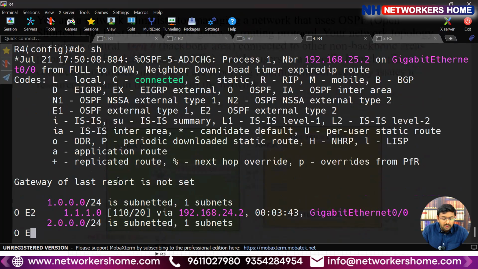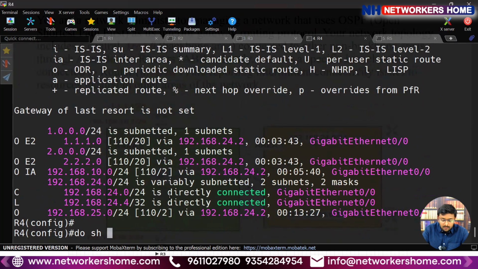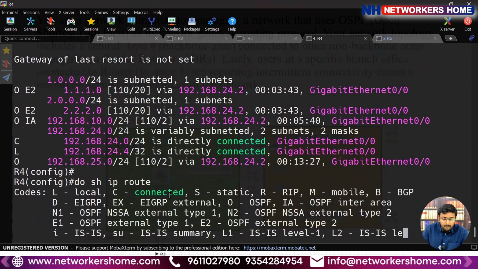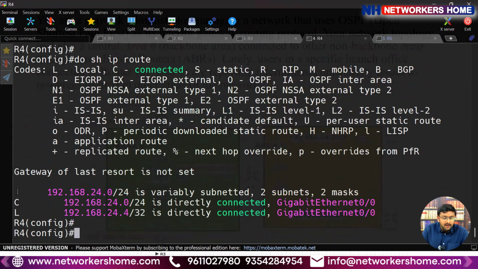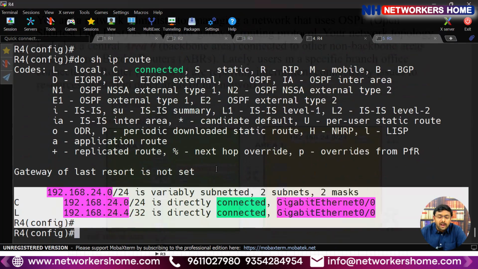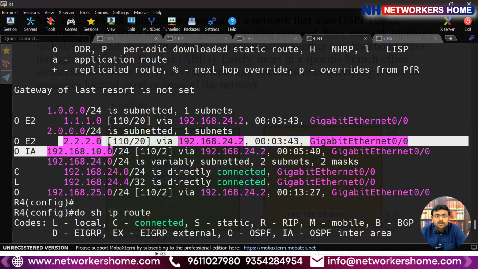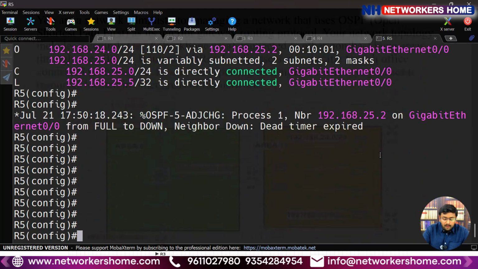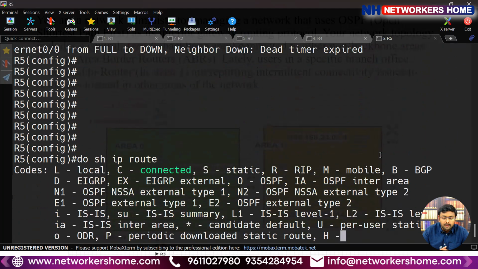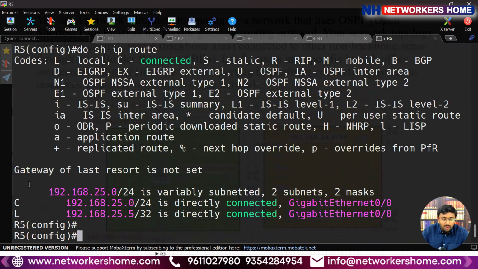Yes, it also took it down. Now router 4 does not have the information regarding 1.1.0 and neither does it have information regarding 2.2.0. Even on router 5 we can check, do show ip route. It also does not have it.